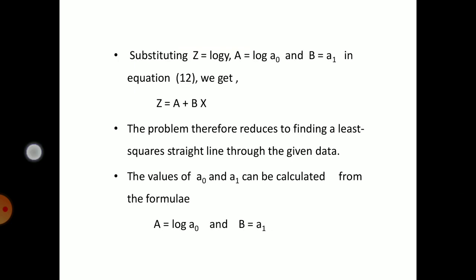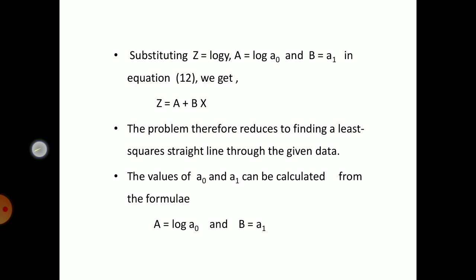We get Z is equal to a plus bx. Again, this is of the form y is equal to a0 plus a1x. The problem therefore reduces to finding a least square straight line through the given data.